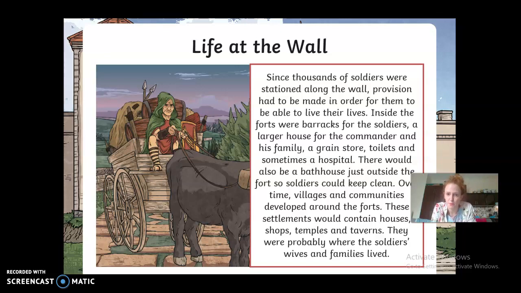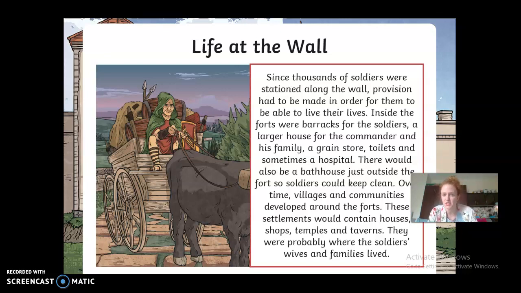Inside the forts were barracks for the soldiers, and a larger house for the commander. Commander is someone in charge, and his family. A grain store. You know grains. For example, we make bread from wheat grains. So there was a special store for grain to make flour and other kinds of foods. Toilets, and sometimes a hospital. There would also be a bathhouse just outside the fort so soldiers could keep clean.